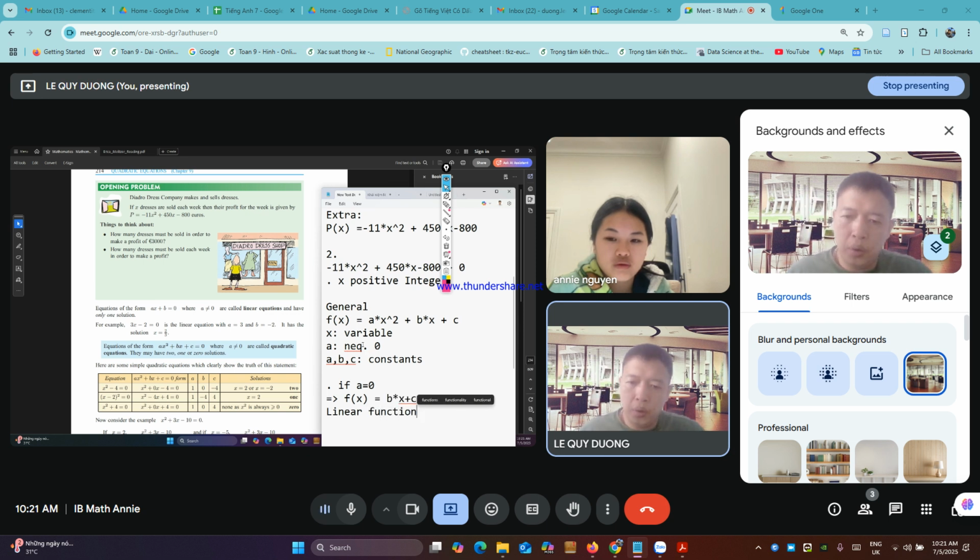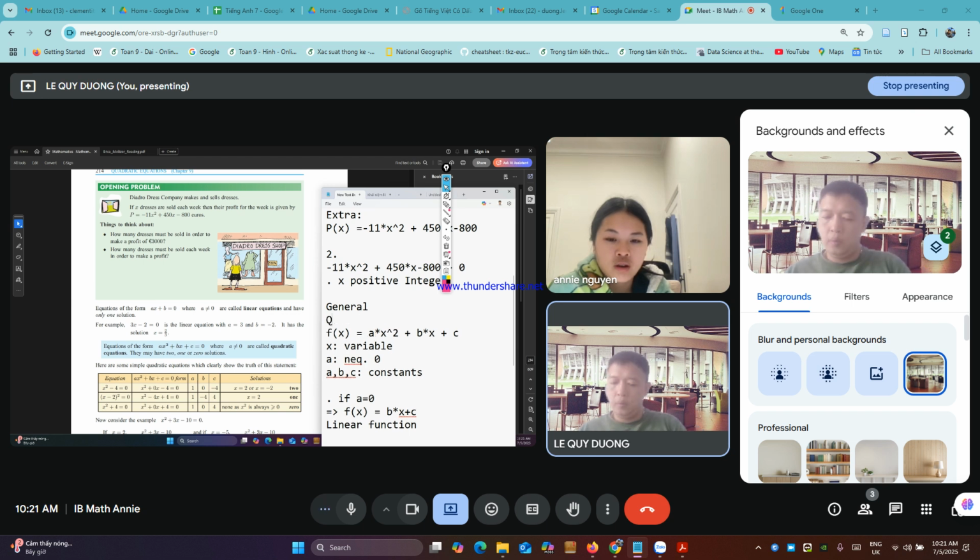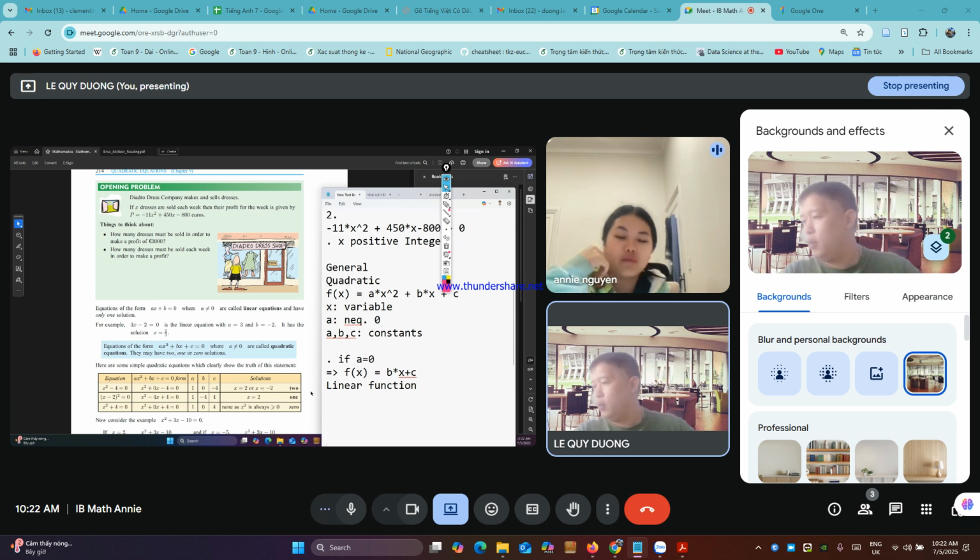So first is quadratic. The second is a linear function. Maybe you studied linear functions at school, right?